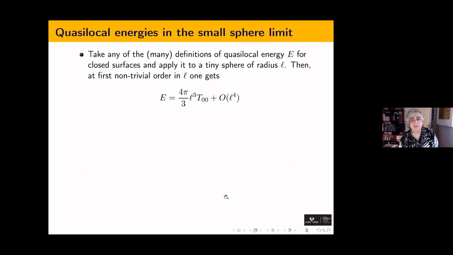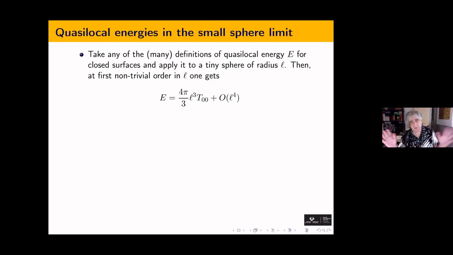And this was answered many, many years ago for the first time by Horowitz and Schmidt. What they did is they took the definition of the Hawking mass, but you can take any quasi-local definition of energy that you like. There are many in the literature.